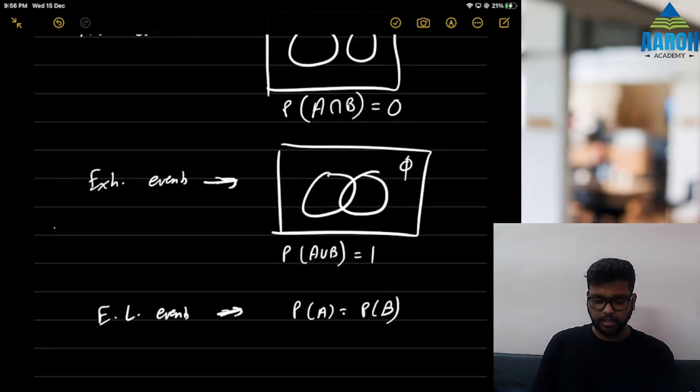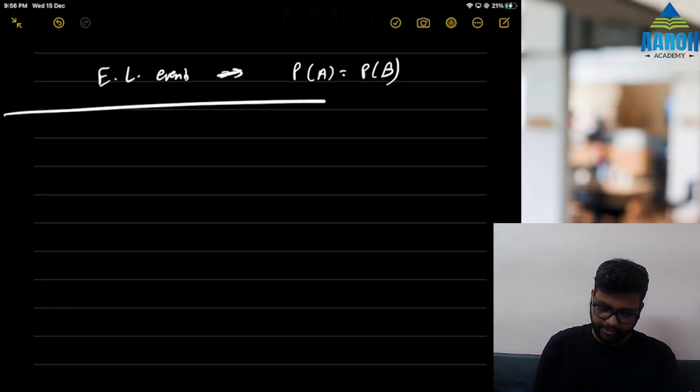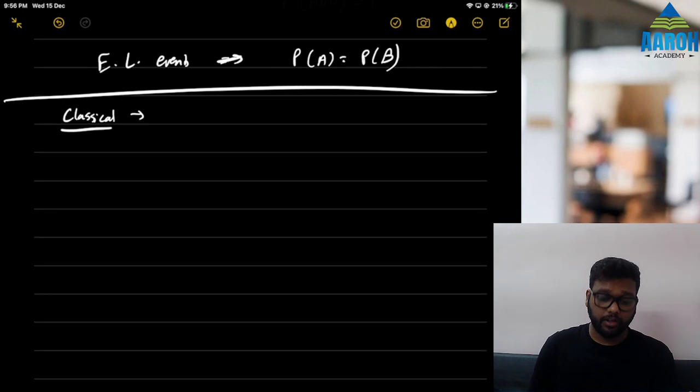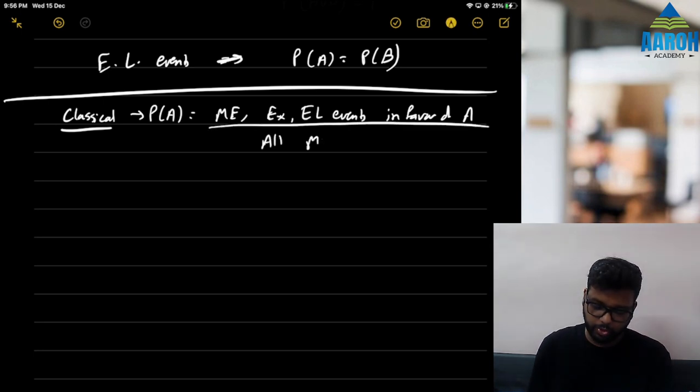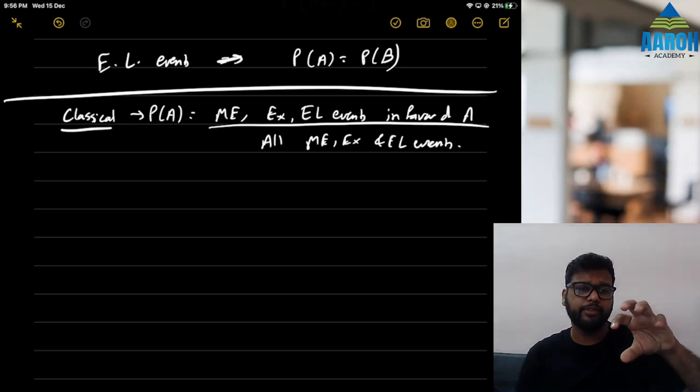That's it. Fine. So in classical definition of probability, if we want to find probability of an event A, then we take all the mutually exclusive, exhaustive and equally likely events in favor of A, again might be useful from MCQ point of view, divided by all mutually exclusive, exhaustive and equally likely events.